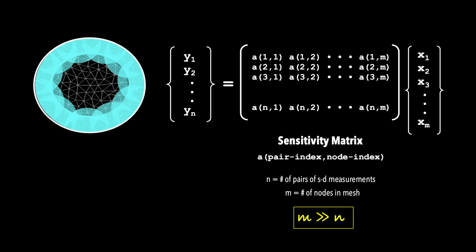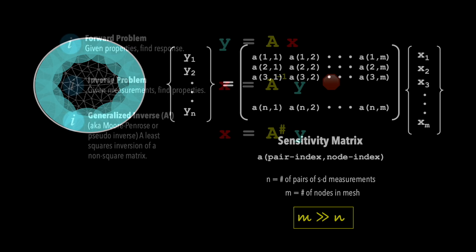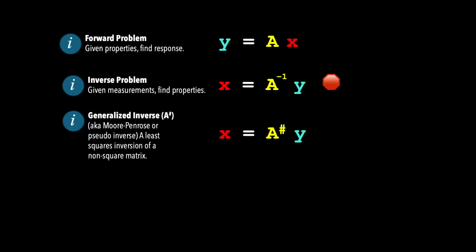In a typical imaging application, the number of nodes will greatly exceed the number of measurement pairs. A way forward is provided by using a generalized inverse, also known as a Moore-Penrose or pseudo-inverse. This allows inversion of a non-square matrix in a least square sense, in effect fitting a solution to the data.